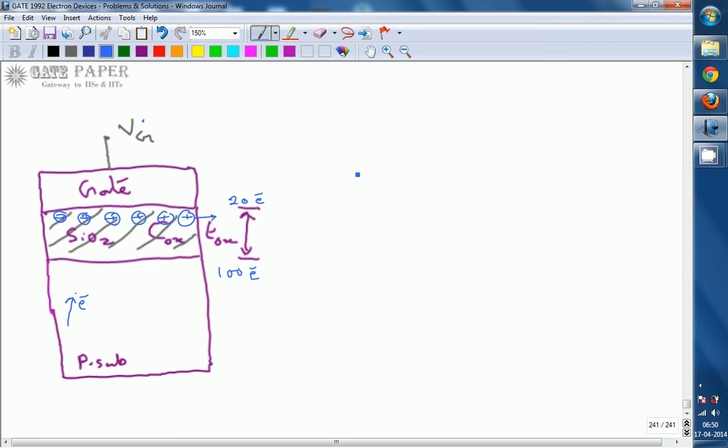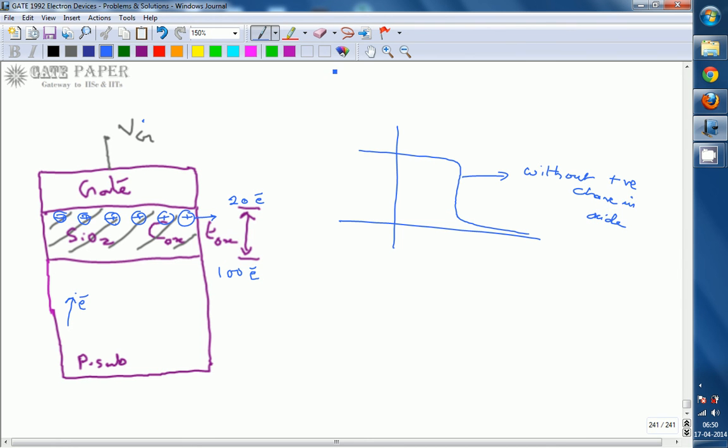If you go with the CV characteristic, this is for the previous case, without positive charge in the oxide. Now if you go with positive charge, you will require less voltage. This is gate voltage and this is capacitance.